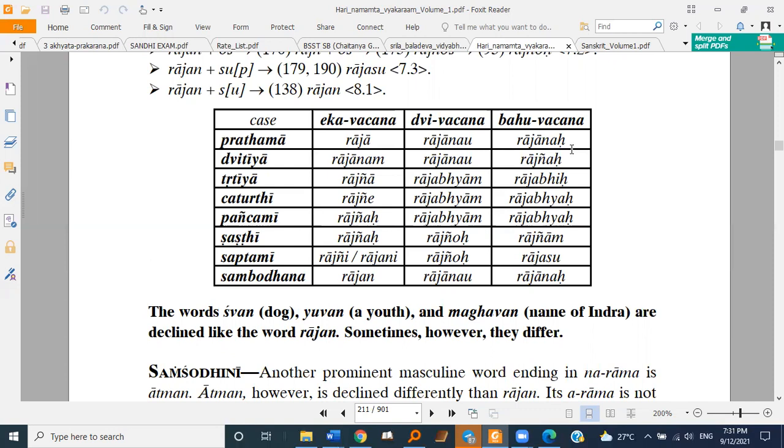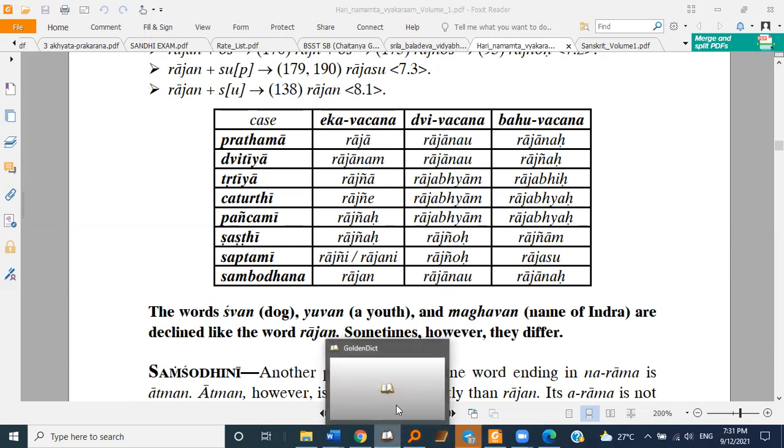So Yajan becomes Yajna, is it? Just trying to speculate. What's the etymology for Yajan Shobha?